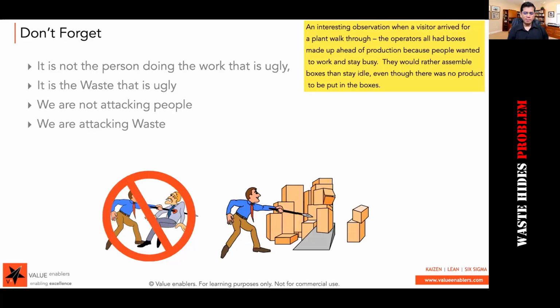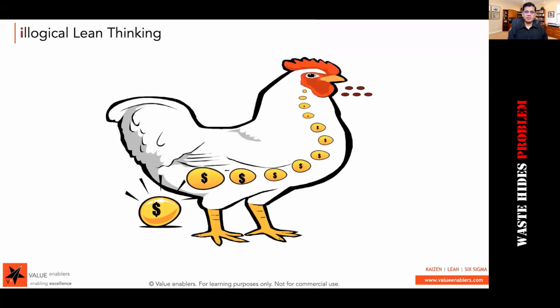I saw in one of the packing departments, that guy, whenever I go there, he'll start making boxes. Because I come in a white-collared shirt and walk like an executive inside the factory, suddenly he starts making boxes. I'm checking something else, he's making boxes. I asked him, why do you make boxes? And I realized that whenever he was idle, the supervisor scolded him: why are you keeping quiet? And so he produces items. So don't attack people, attack the waste that is produced. Okay, I hope this is clear.